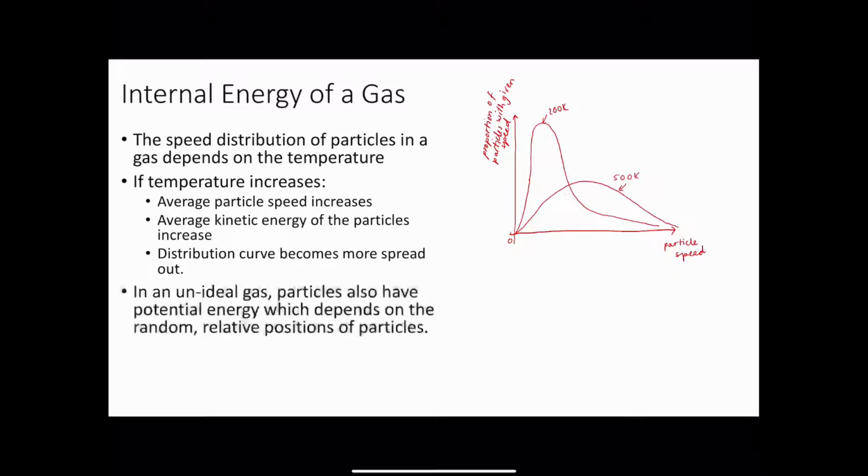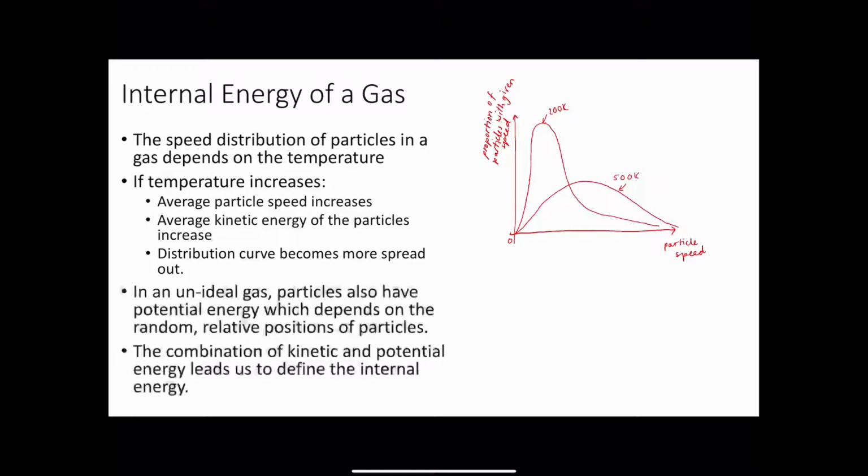If we have a non-ideal gas, we also need to think about particles having potential energy, which you should remember from GCSE, depends on the random and relative positions of the particles. And the combination of kinetic and potential energy can lead us to define something called the internal energy.